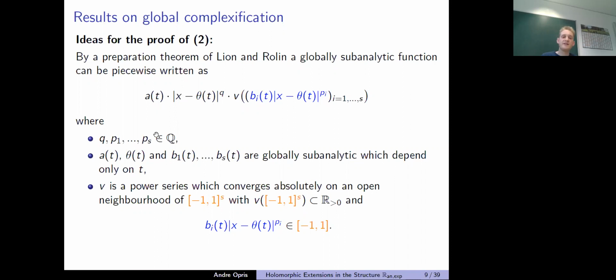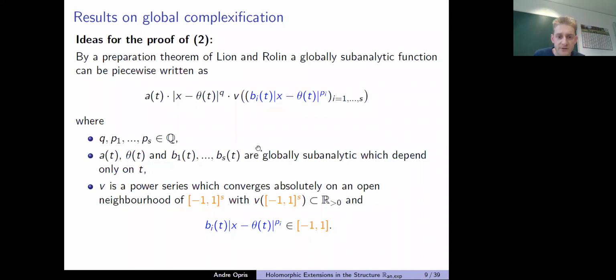And what is now the idea to establish results on global complexification? Take this preparation theorem and plug in complex numbers for x, and extend this piecewise into the complex numbers. Okay, so this is roughly speaking the idea.